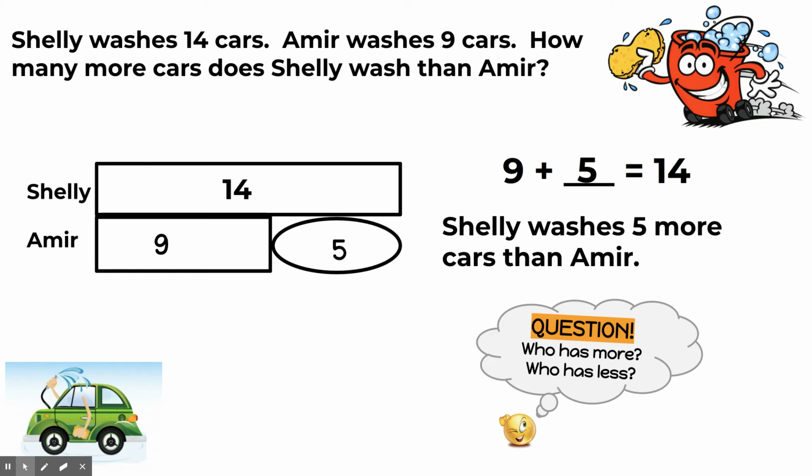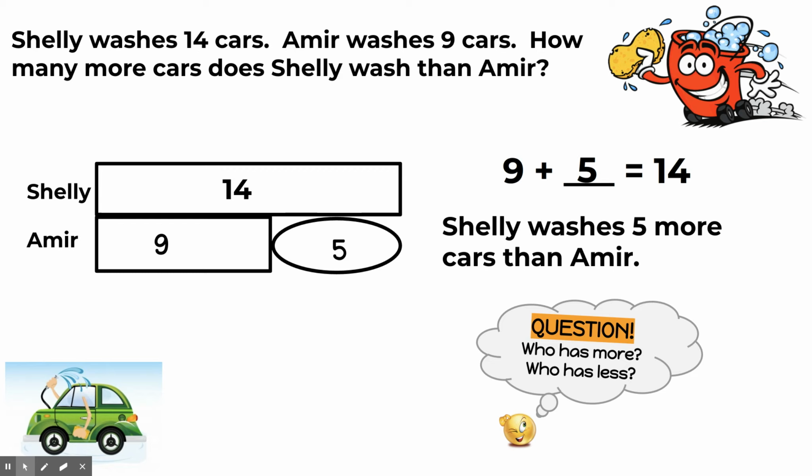What I know would not be reasonable is if I saw this word more and I added 14 and 9, because that would give me 23. And it's not possible for this oval to have 23 in it. Look at this bar. This oval is smaller than this total. So if I put 23 in here, that doesn't look right.